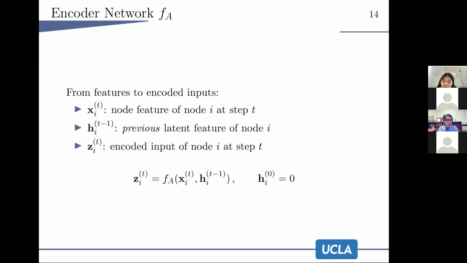Yeah, so then can you just do h_i^t instead of introducing z, one more additional layer of complexity? Can we just say h_i^t equals f_A of x_i^t and h_i^{t-1}? That previous hidden state somehow influences the next hidden state as well.